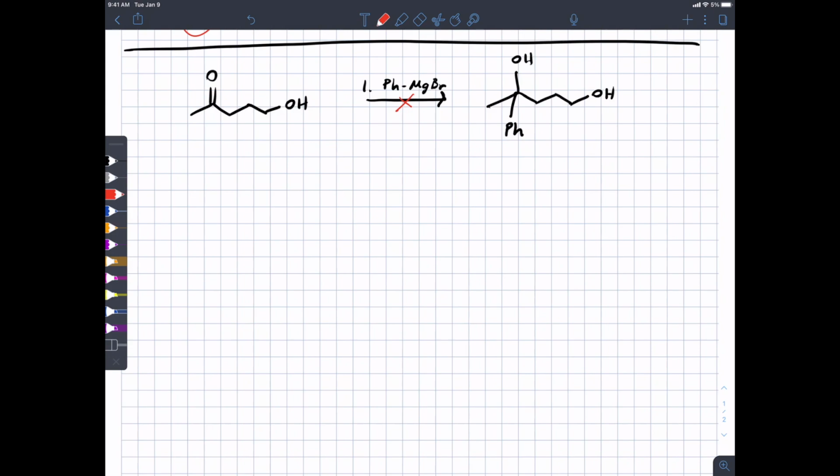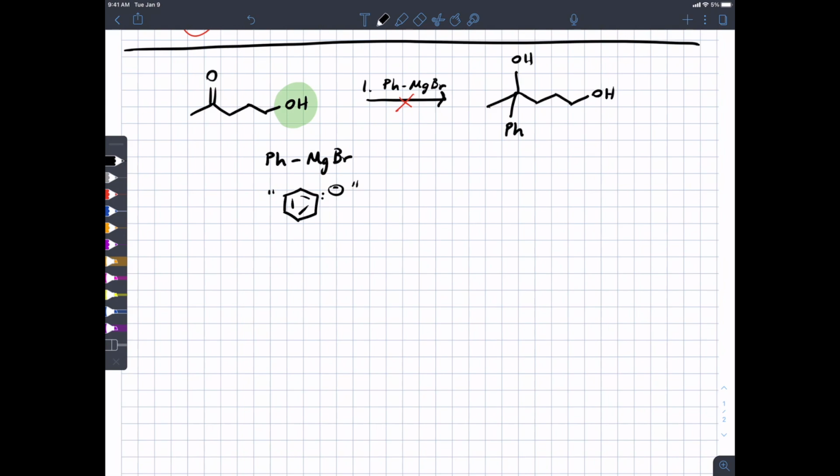And the reason for this is that my molecule has a group in it that is also reactive with my Grignard reagent, and that group is the alcohol. So remember, I told you that we were going to pretend like these organometallic reagents were basically carbanions. And carbanions are highly reactive, and they're both good nucleophiles and really strong bases.